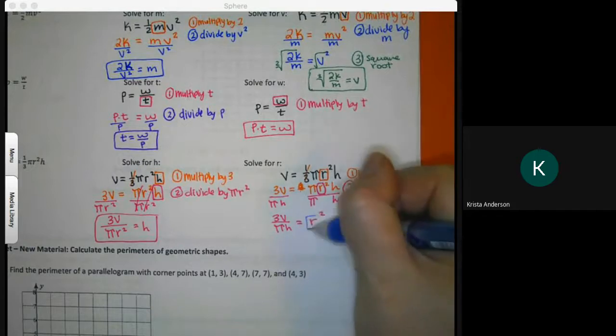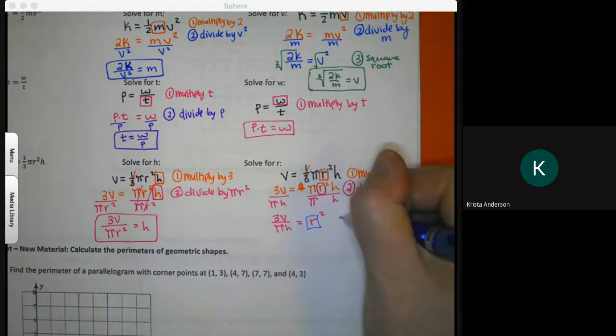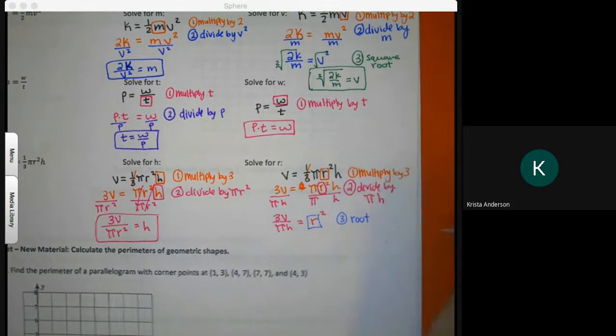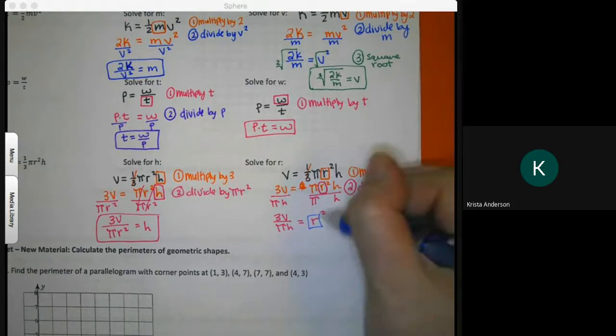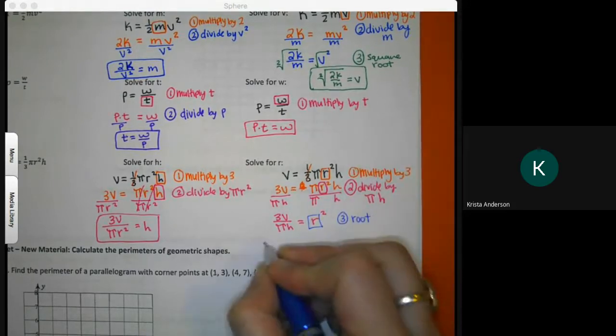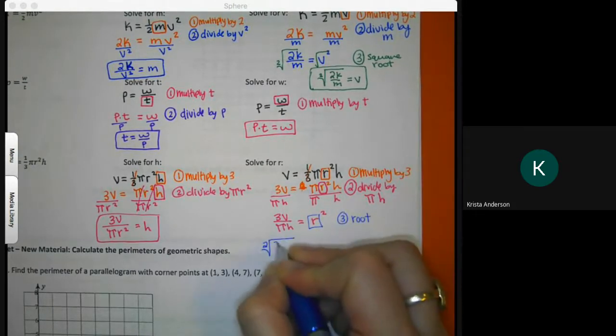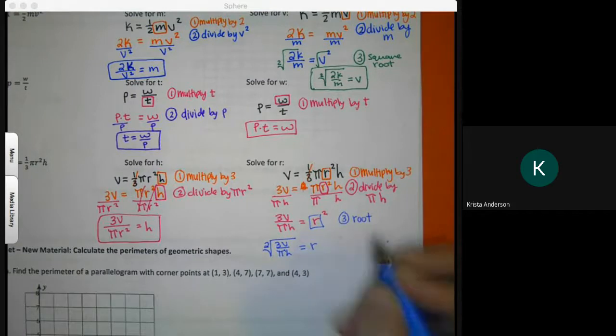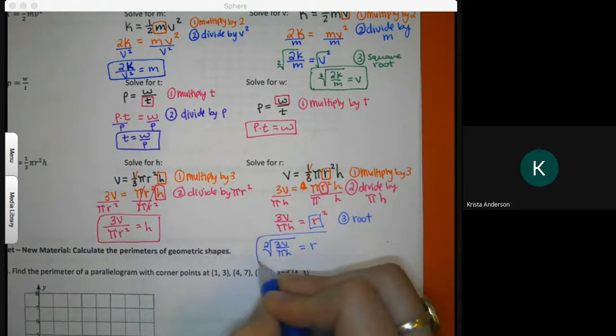My last step to get the r by itself is to remove that power. So I will root it, or square root it. Whatever number is on the power, that will go on the root. So for the 2, you don't have to put it.